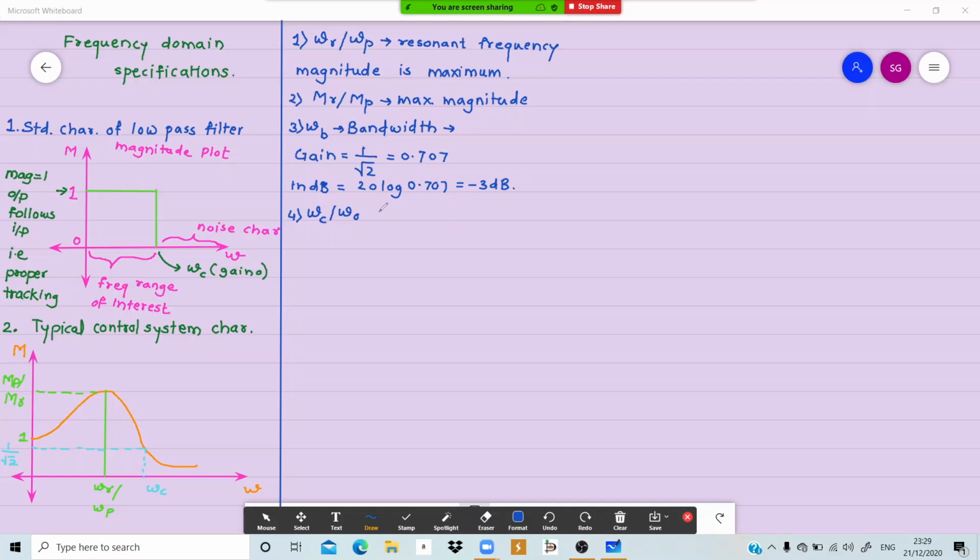So I'll write: the frequency at which the magnitude is 3 dB below. That means this point. After that, yes. So this point is the cutoff frequency.